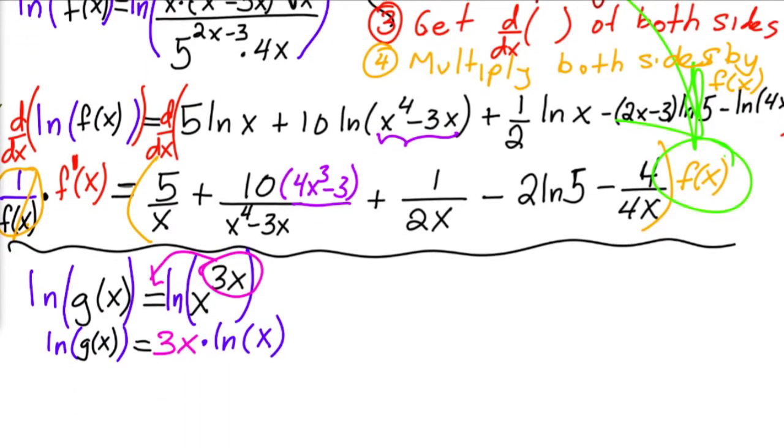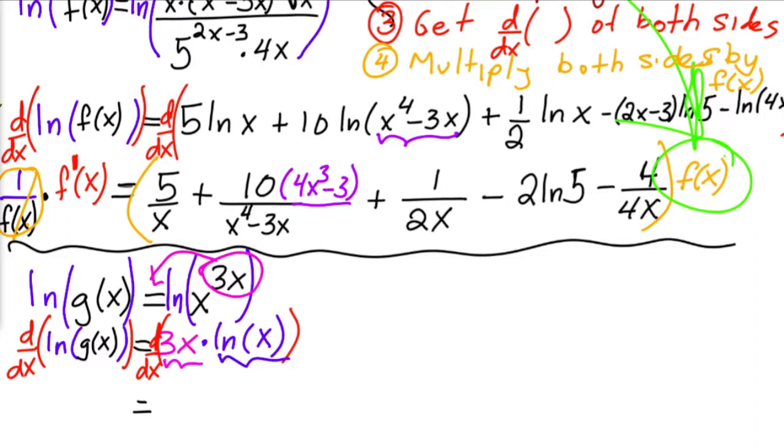Okay. And then step 3 says get the derivative of both sides, left side and the right side. Okay. Now the derivative of, let's do the right side first. Notice I have to use the product rule. Now here, this guy is the first, and this one's going to be the second.